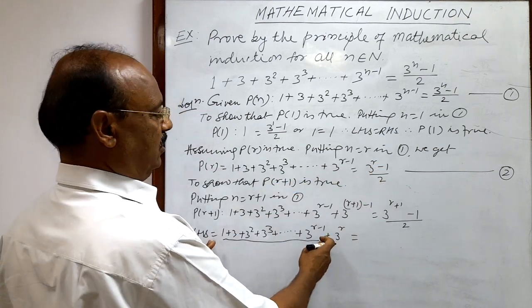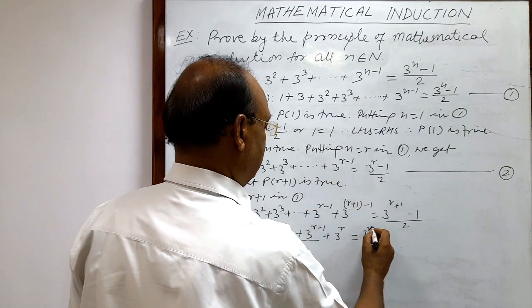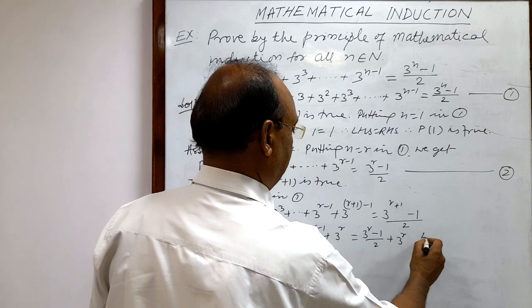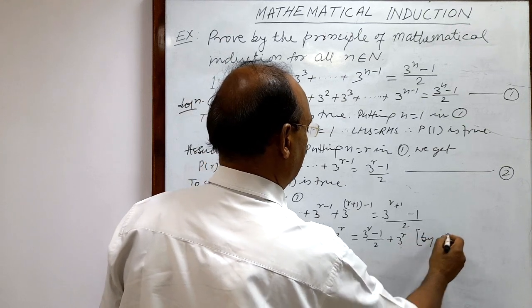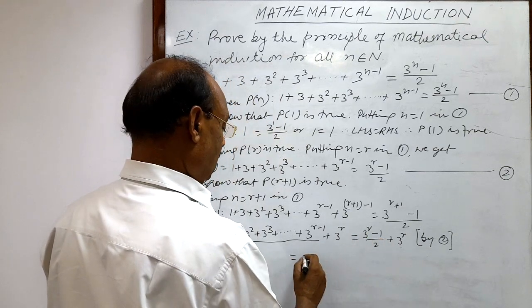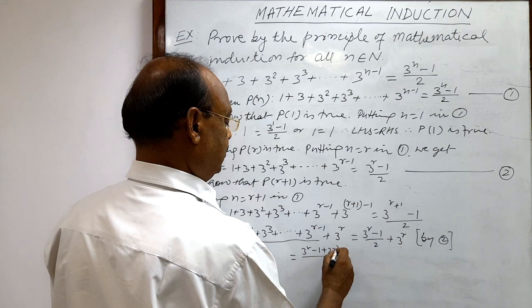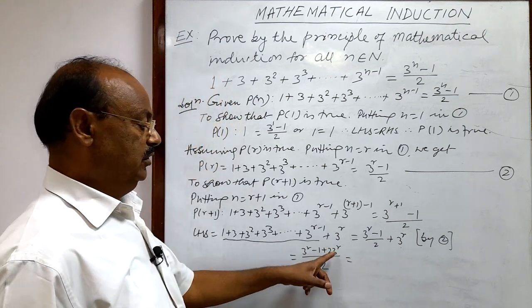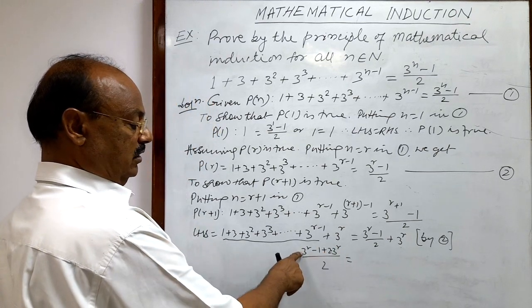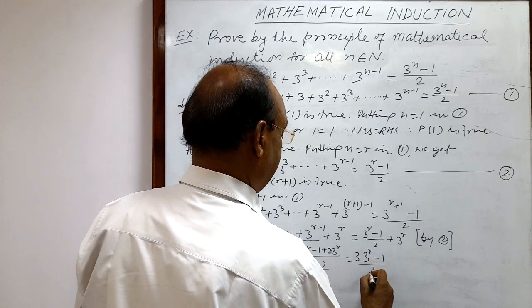So by relation number 2 this is 3 to the power R minus 1 by 2 plus 3 to the power R. Taking the LCM, which is 2, we get 3 to the power R minus 1 plus 2 into 3 to the power R. Simplifying, 2 into 3 to the power R and 1 times 3 to the power R make 3 into 3 to the power R, minus 1, divided by 2.